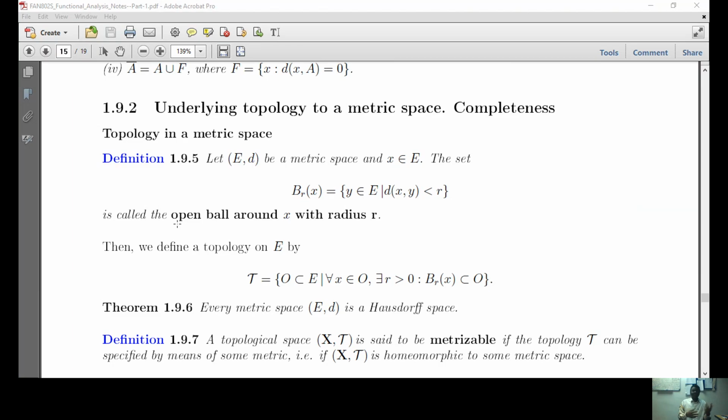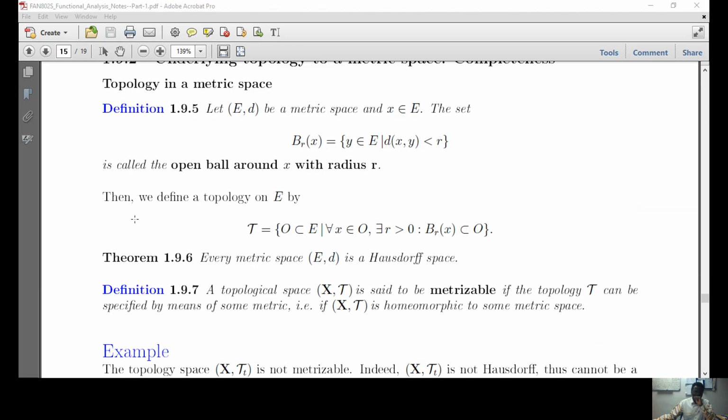So that's part of topology. So this is a particular form, and this is in fact the basis for open sets. Now this is how we define the topology on E.